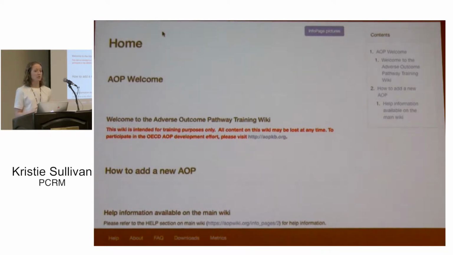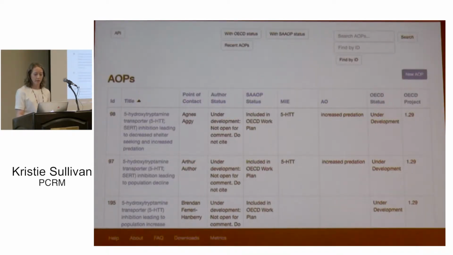But to the extent that things like protein binding, estrogen receptor activation, other key events that are really common are probably already here, search for those and look and see what other AOPs are already there in your field that you could find. And so if you go to the page for AOPs, for example, you're going to find a search. And so you could search for genotoxicity.